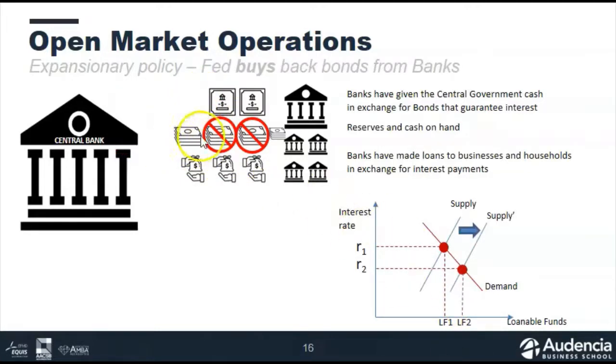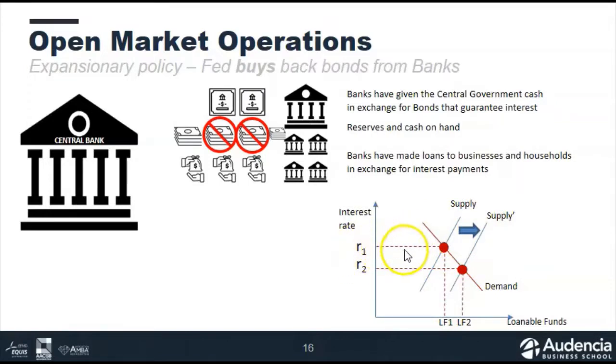So the money arrives in the bank in the form of reserves, and the bank can loan this money out because it's met its required reserves. It can't touch these reserves here, but now suddenly I have extra reserves. And as a result, the supply of money that can be loaned in the money market increases.